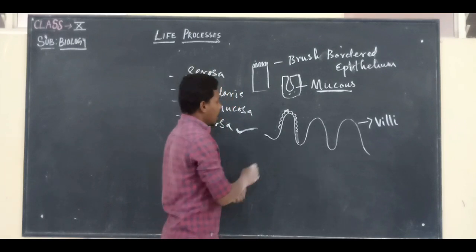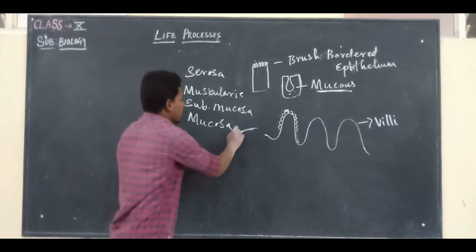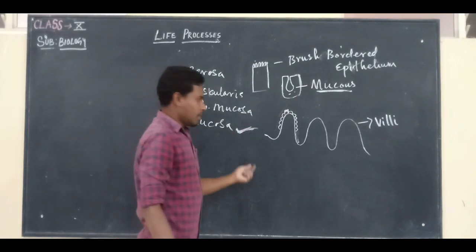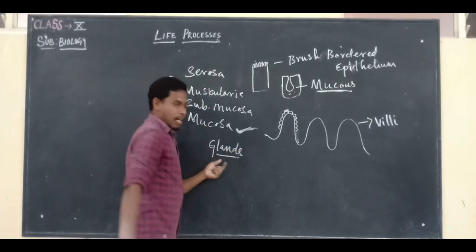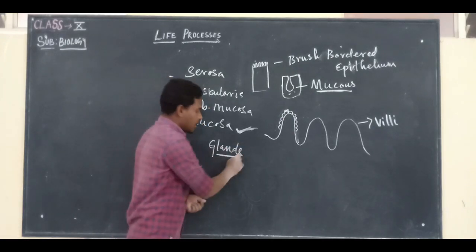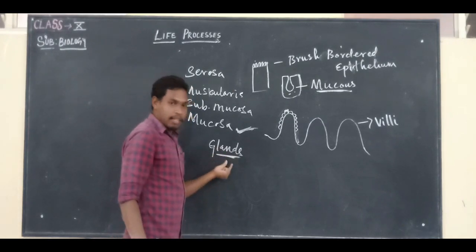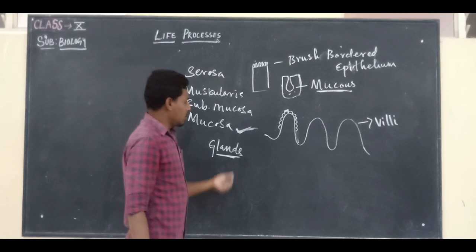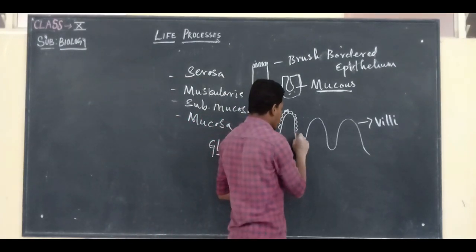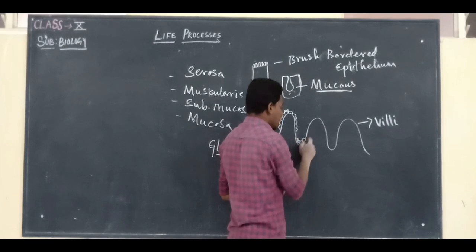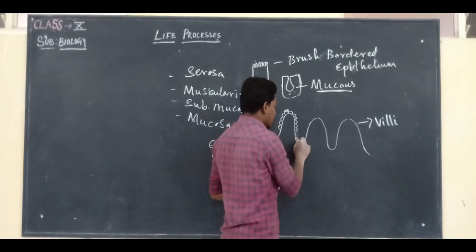Okay, and since the intestine has what? Glands. Since they have glands, they will produce what? Intestinal juices. So these gland secretions are known as intestinal juices. These glands are seated between villi.